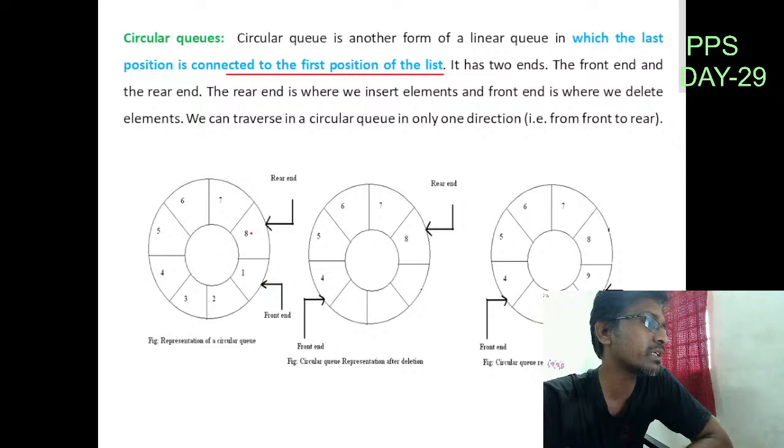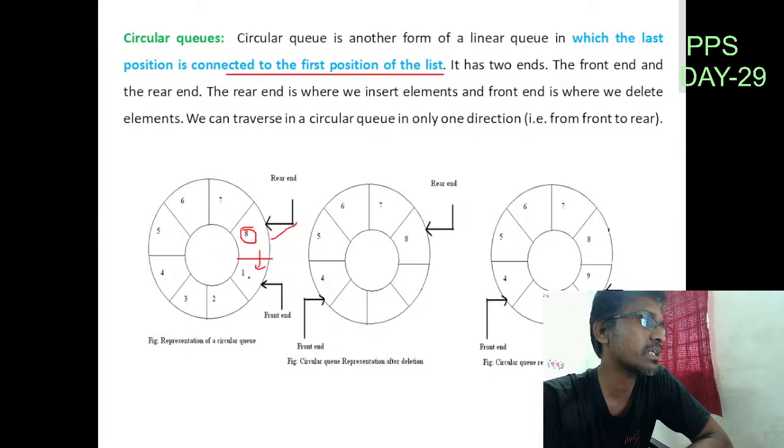So that means if the rear value is connected to the next position, which is the front position, so if the rear is connected to the first element, that means the last position is connected to the first position.